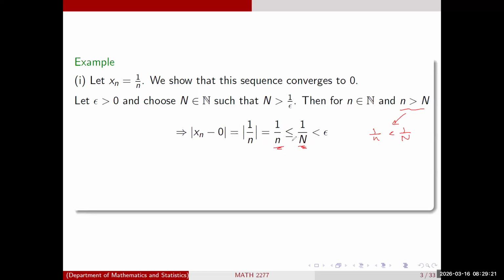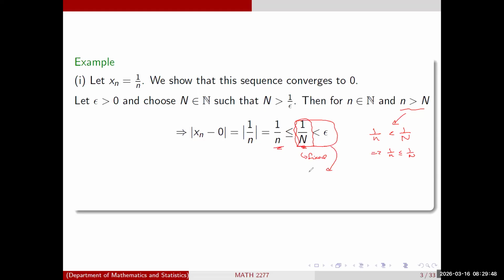1 over n is less than or equal, right? If you're less than, then you're also less than or equal. It doesn't matter. And remember I told you that big N is fixed, so 1 over big N is fixed. So in this last line, I'm going to set this less than epsilon.